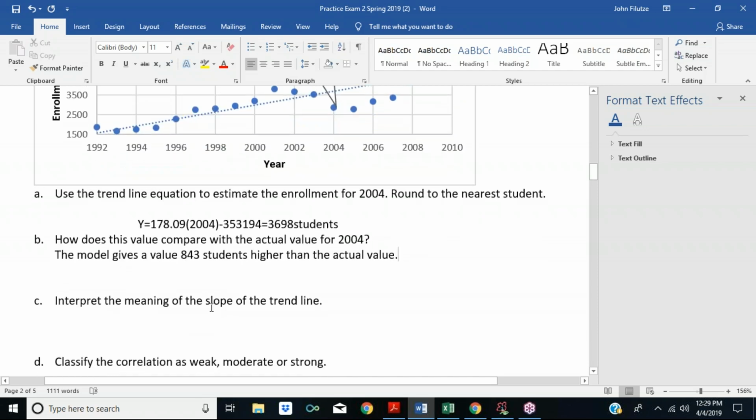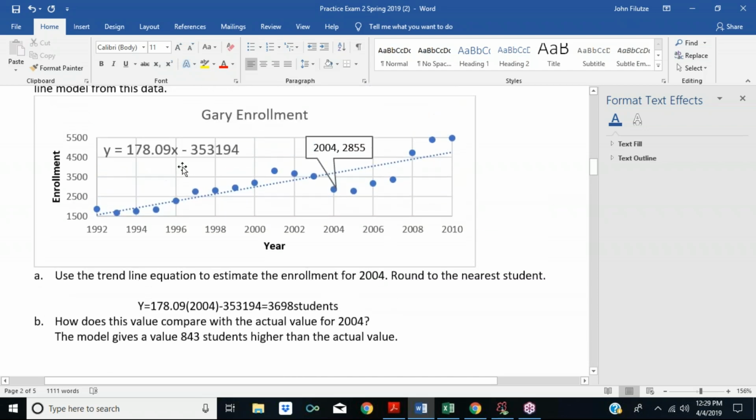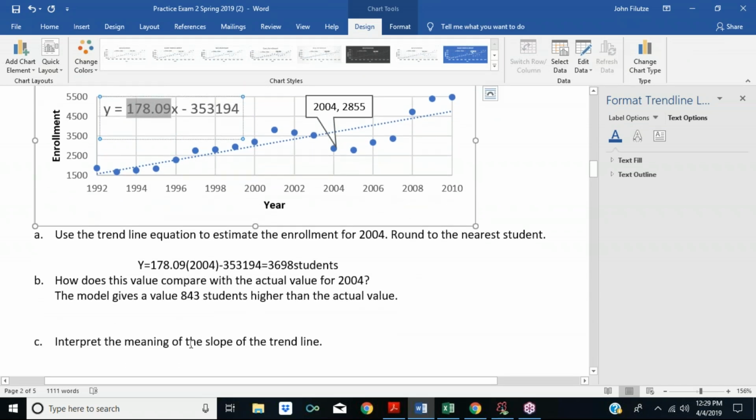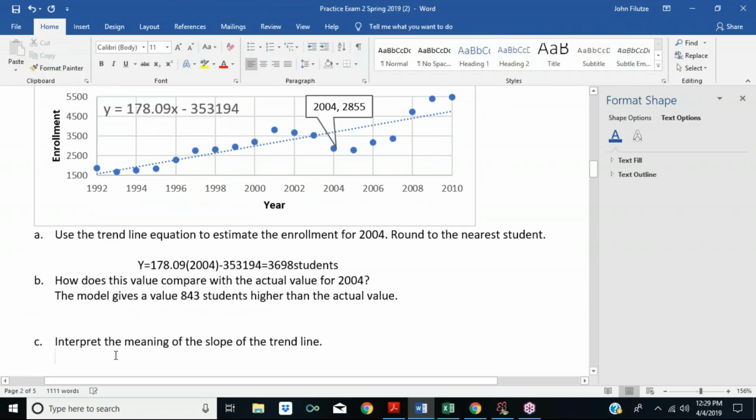And then interpret the meaning of the slope of the trend line. So it's asking us, what does this value right here mean? It's not asking us to define what a slope is. It's asking us specifically for this situation, what does that value mean?